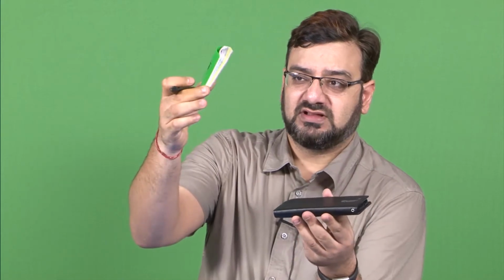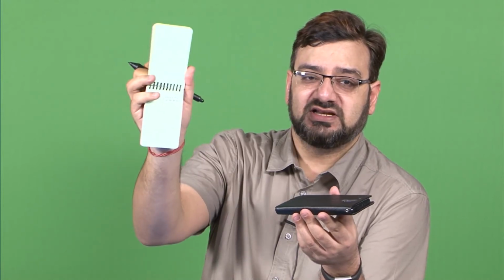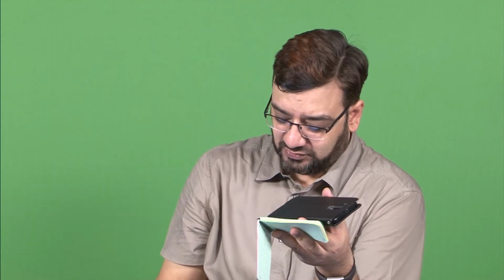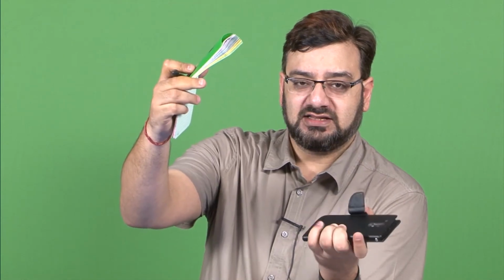We go back to the video mode. If I increase this white surface area, let me open this surface like this. If I make it double, now you see it has become double. If I make it double, then at the same distance itself, more radiation will hit it, isn't it? Which means it will depend on A2 also. Then another thing maybe I can do is, I can double the surface A1.